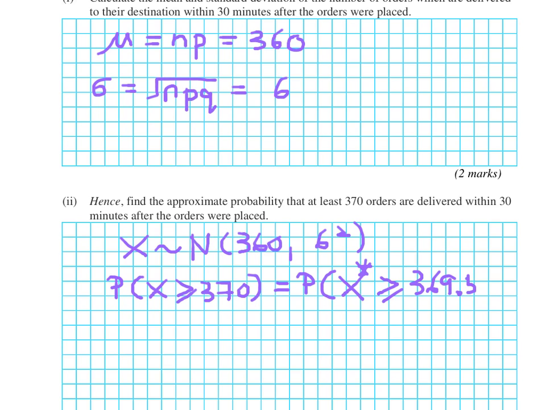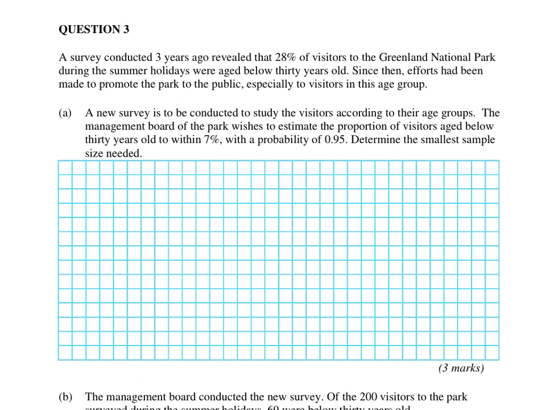We usually correct it down half a unit because we might recall that we need to include the number 370, so we move it half a unit less. And the outcome should be roughly 0.0567, correct to 3 significant figures.